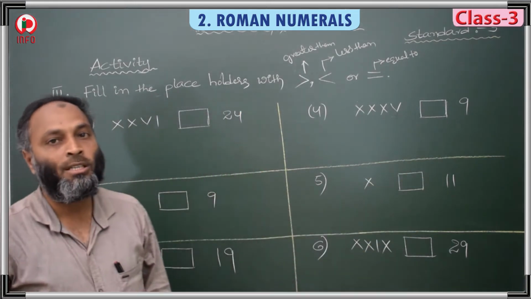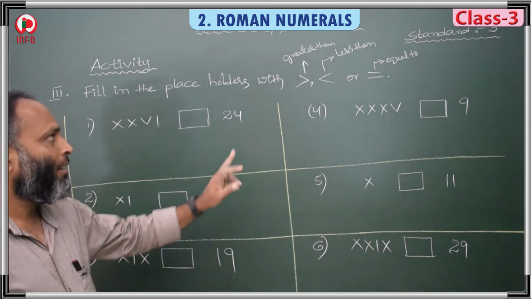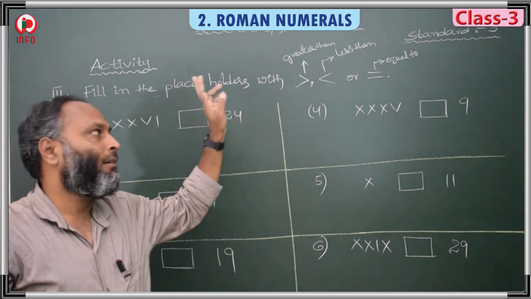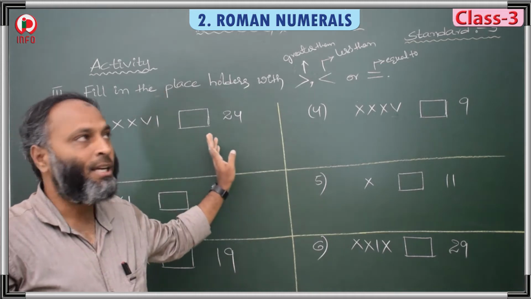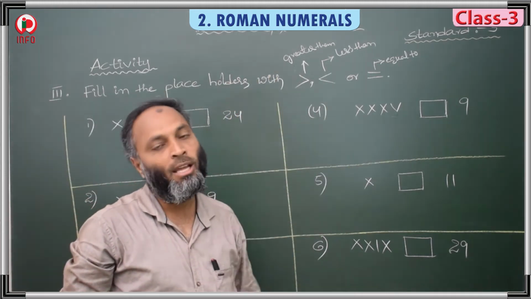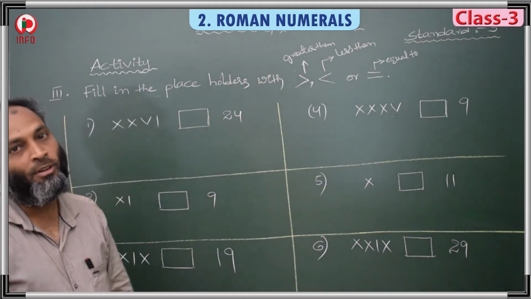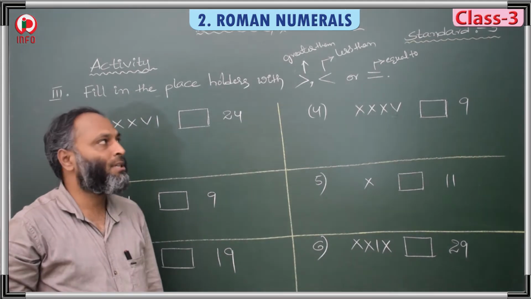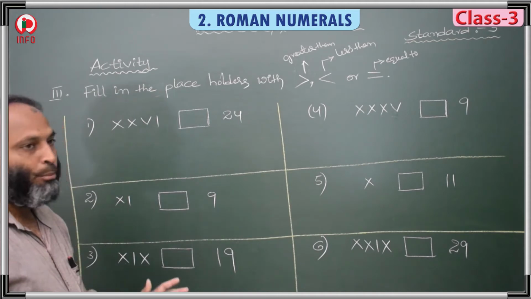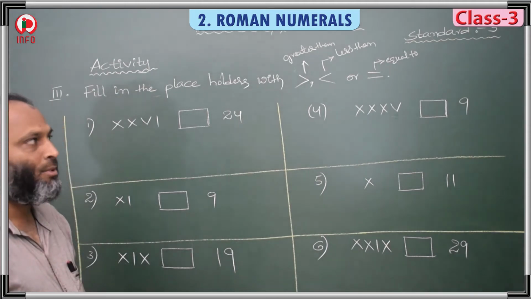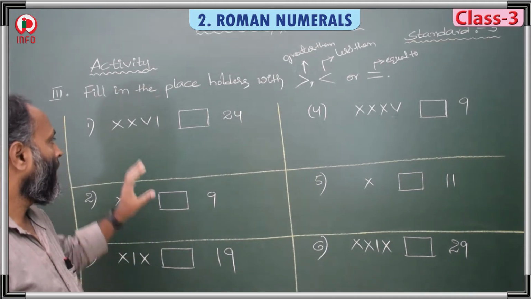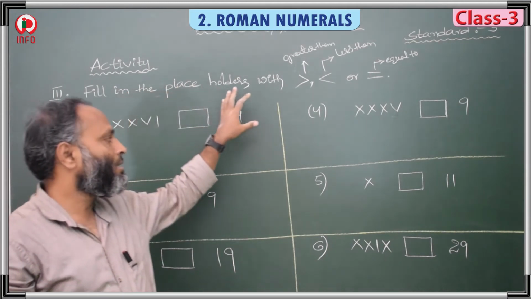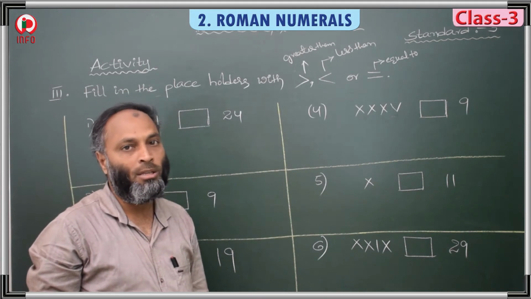In these holders, if greater than is there, we have to apply greater than here. If less than is there, we have to apply less than. If they are equal values, then we have to apply the equal symbol. So what symbols do we have to apply? Here the comparison is given between two numbers. One number is in Roman numerals, the other is in Hindu Arabic numerals.